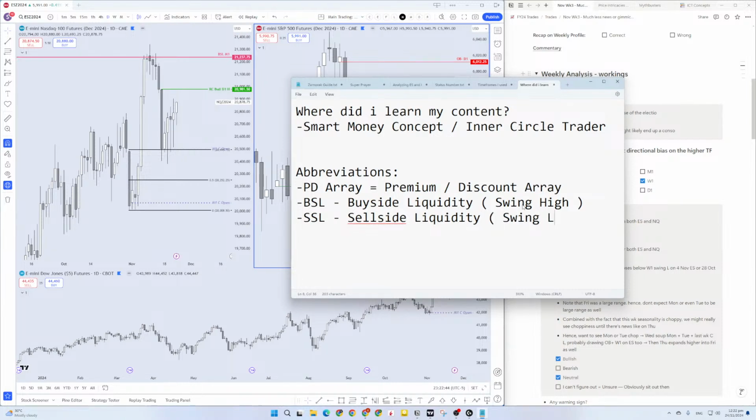You may be wondering why we call all this buy side or sell side. It is not that hard. Example: above a swing high, what do you expect people to do? Usually if price breaks out of a swing high, you expect people to buy, right?